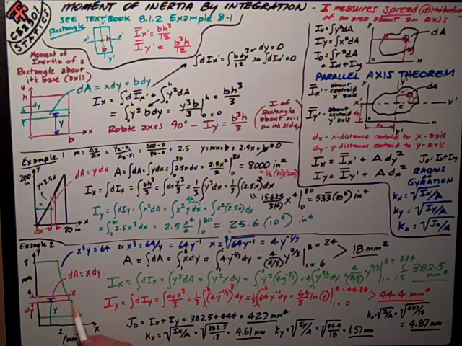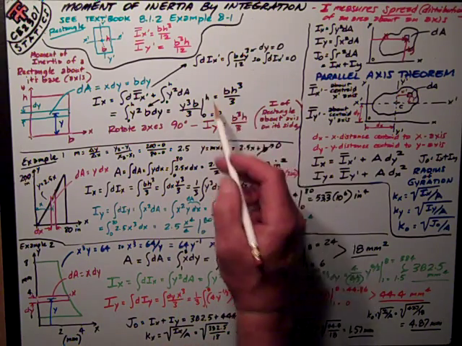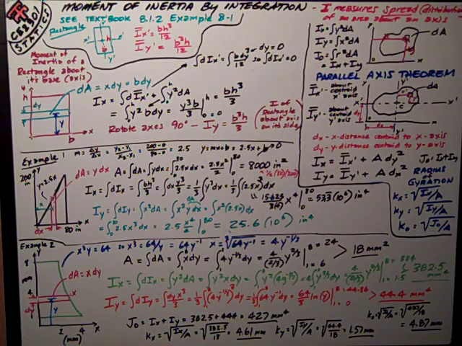So it's dy times x at any point cubed over 3, from this relationship of the moment of inertia of a rectangle about its base, or an axis that bounds it.